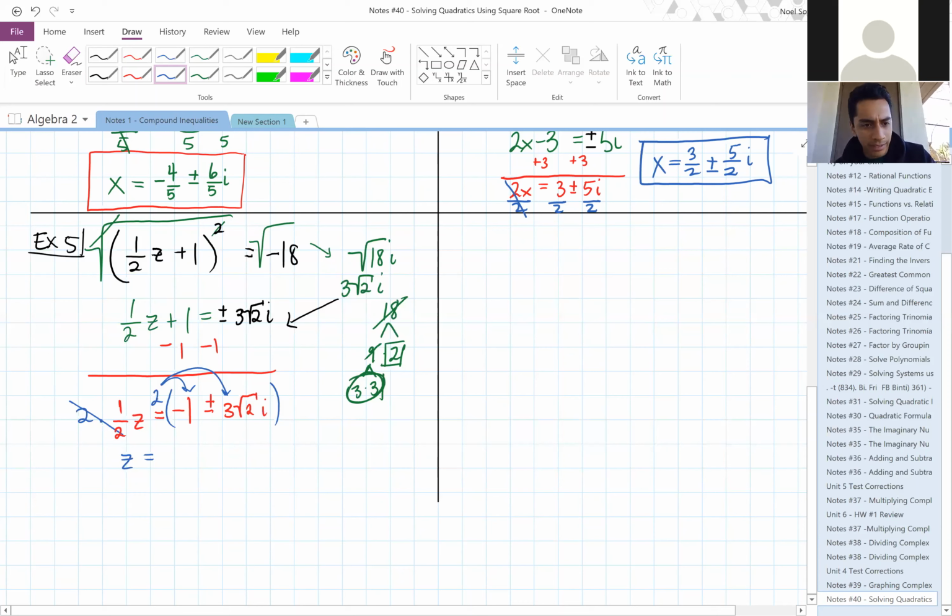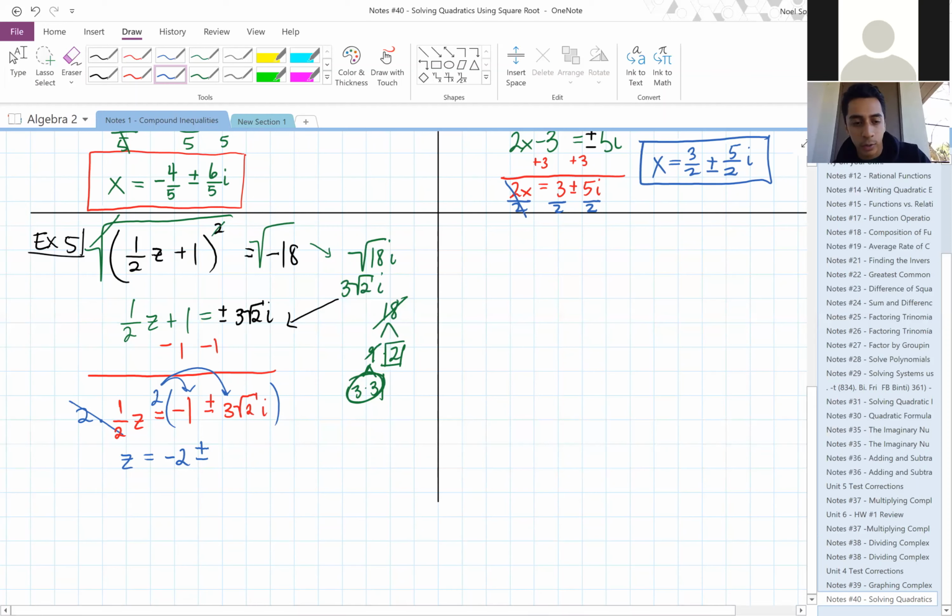Okay, so now when I distribute 2, 2 times negative 1 would be negative 2, plus or minus 2 times, guess what you're going to multiply it with? You're going to multiply it times the coefficient, or you're going to multiply it to the inside of the root? If you said the coefficient, you're right. You don't multiply numbers on the outside to the inside of a square root.